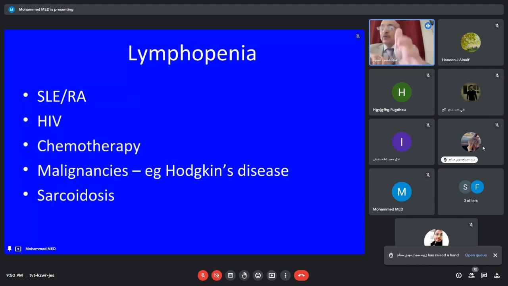These are the commonest causes of low lymphocyte count on the complete blood picture. Remember that we are still in the complete blood picture. All the information we have here today is how to read the CBC. Next slide, please.